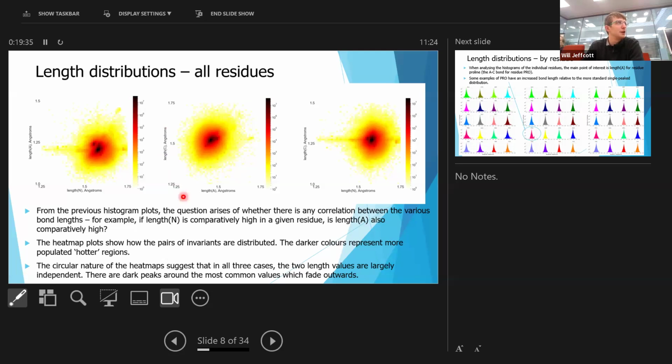The circular nature of them indicates that there's not much correlation between the 2 lengths. So if we take a fixed length A in this first example, this doesn't influence length N, for example.